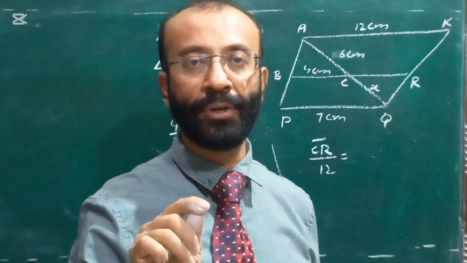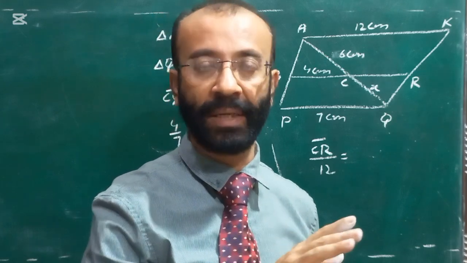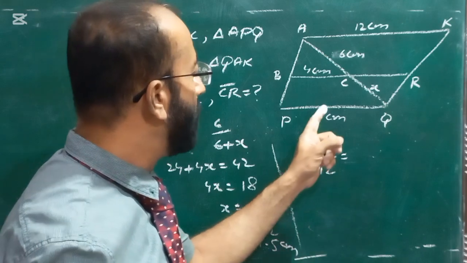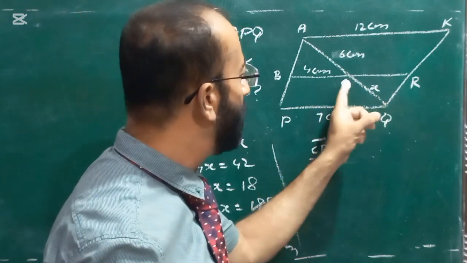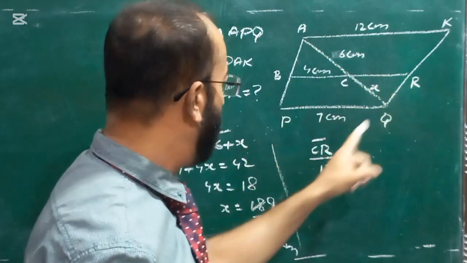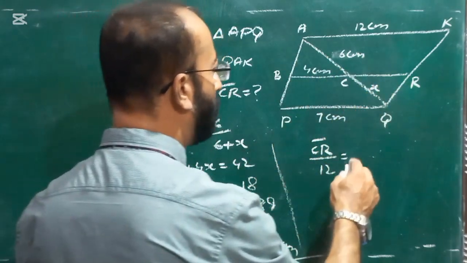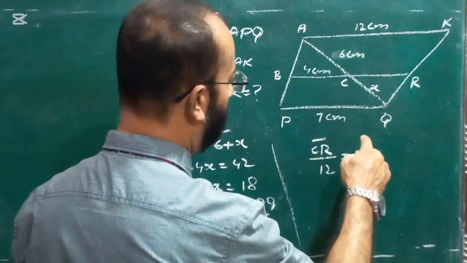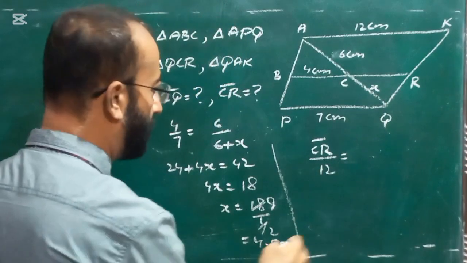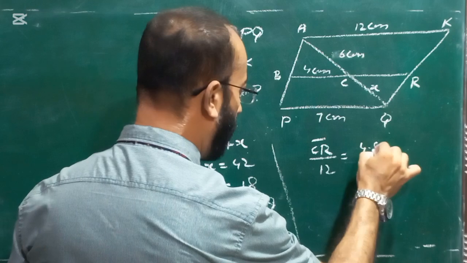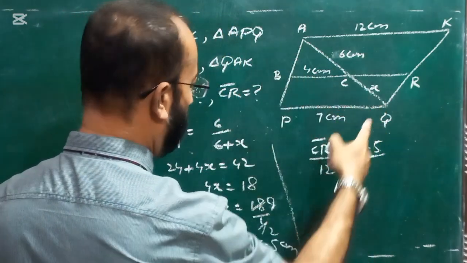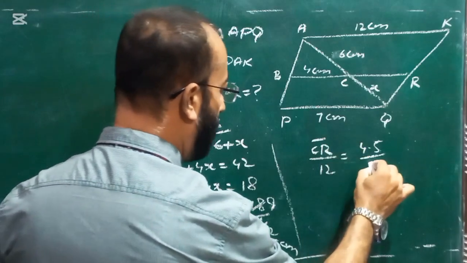But whatever pattern you use one time, you have to follow it all the time in that question. So if we have moved from smaller to larger, CR is the requirement. So CR over AK. This is the side of the smaller, that is x, so that is 4.5 over the larger. Larger will be this one. So 4.5 plus 6 will be 10.5.